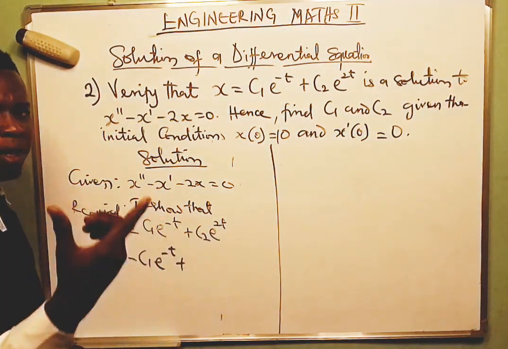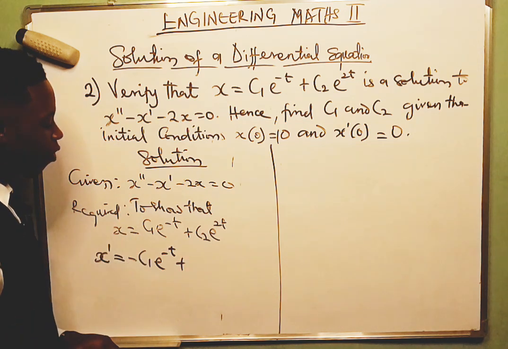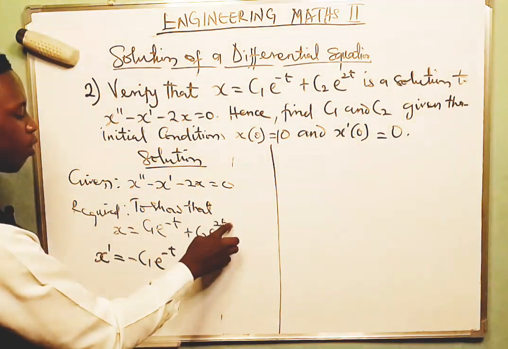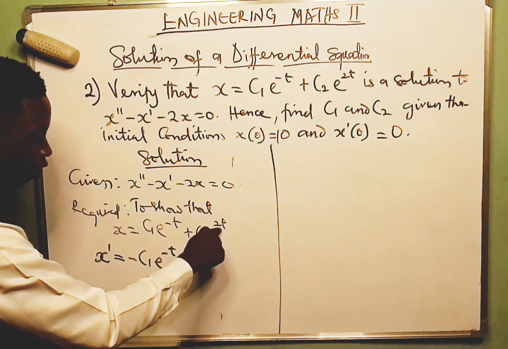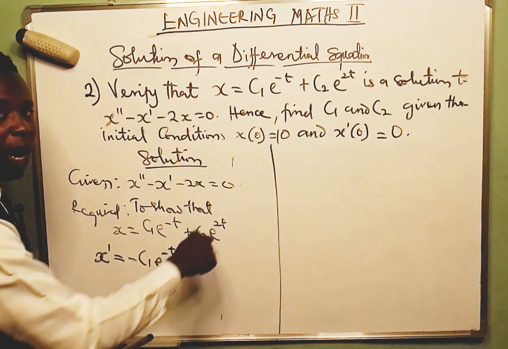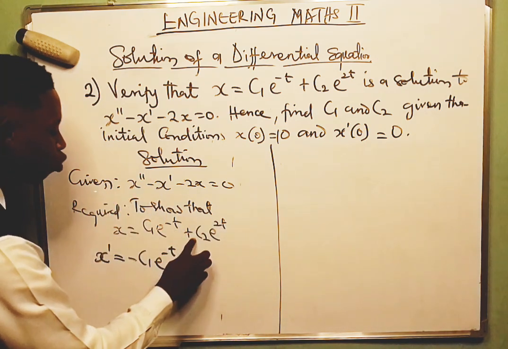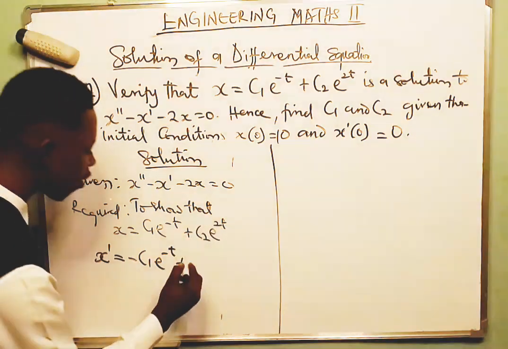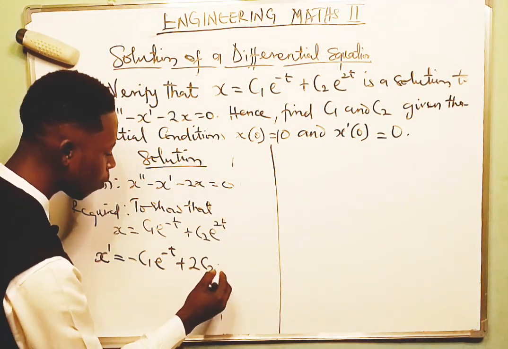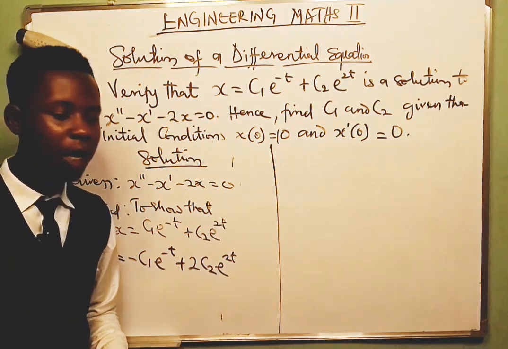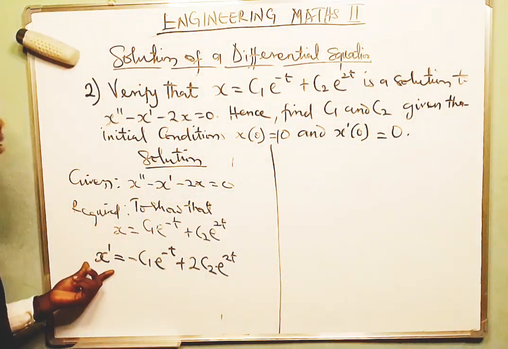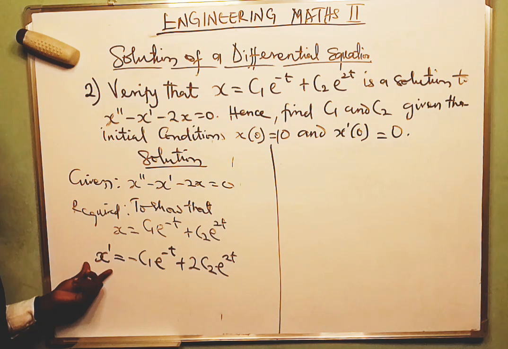C2 is also an arbitrary constant. Therefore, we have exponential 2t, and you differentiate the 2t up here. When you differentiate 2t, you have 2. So let that 2 multiply everything that you have here: 2c2 exponential 2t.